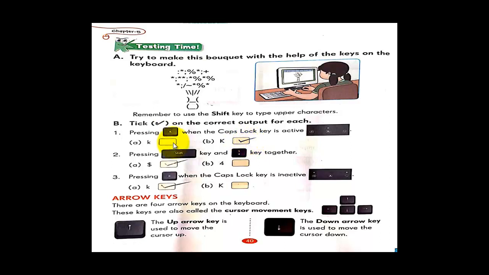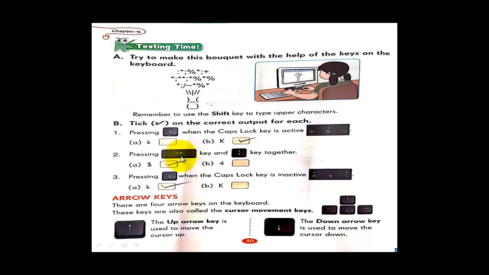Now let's come to the point, question number 2, that is pressing shift key and now it is not, if it is not visible properly, if you have the textbook, you can refer to your textbook at page number 40. Pressing the dollar sign key and the number 4 key together, although pressing shift.